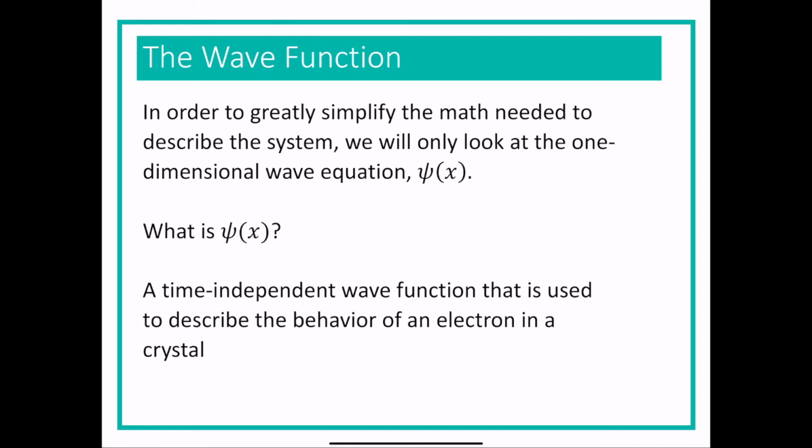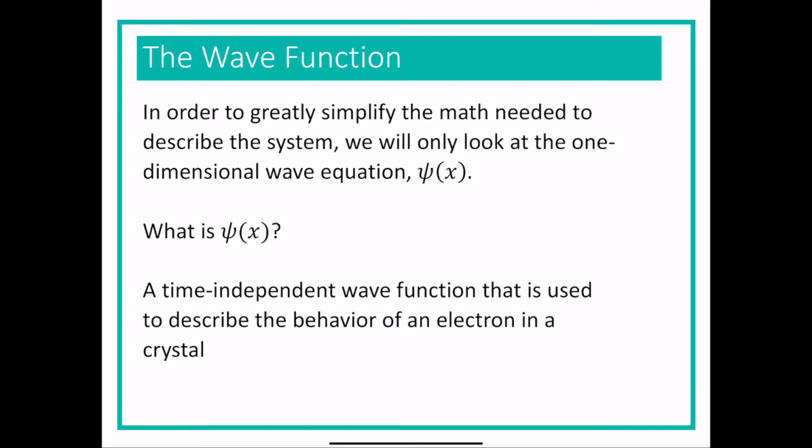So if we just look at phi of x, that's a time-independent wave function, and that describes the behavior of an electron in a crystal, which is what we have. That's the whole reason we have it: it describes directional motion in a crystal in one dimension. We're not going to look at 3 dimensions. I mean, there are 3, but we're just not going to worry about that part.